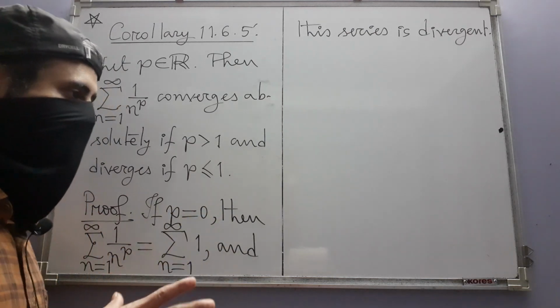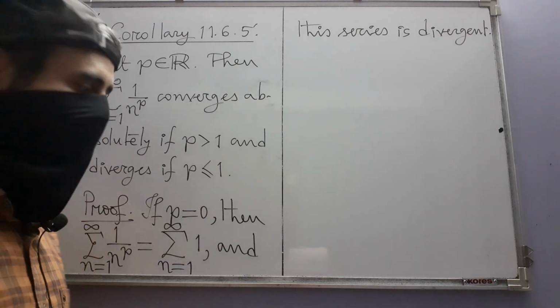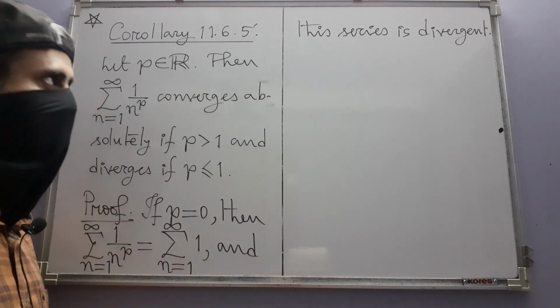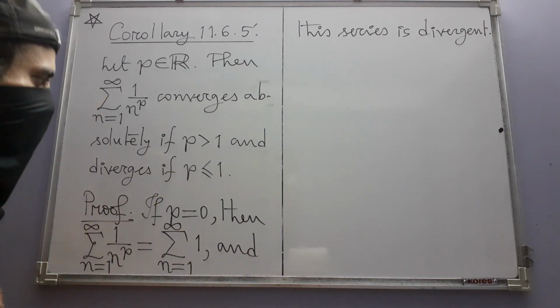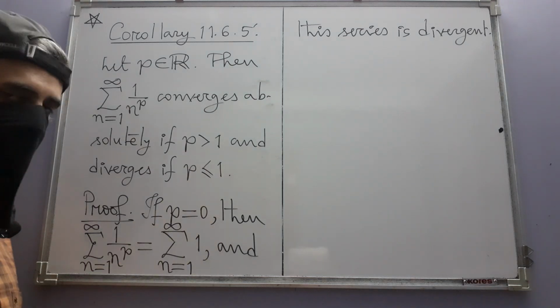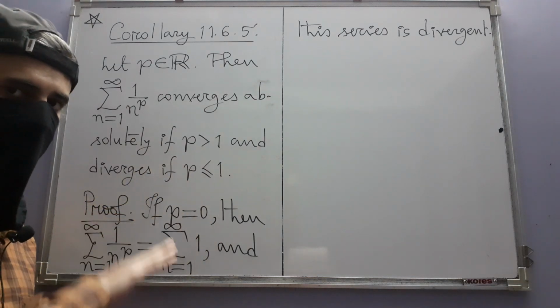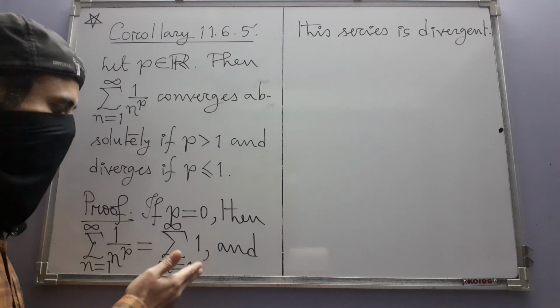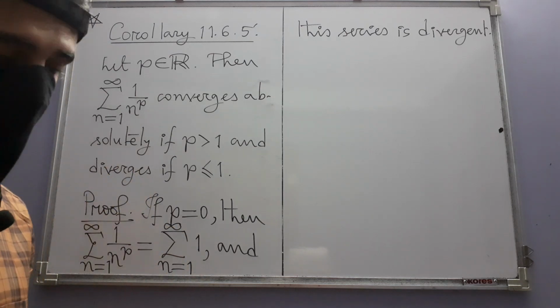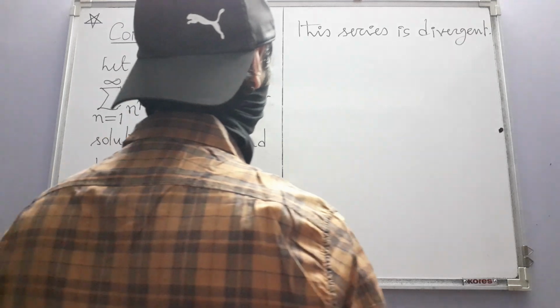And any convergent sequence is necessarily bounded. So that sequence is not convergent, so by definition this series is divergent. And that comes under this condition, p equal to 0. So the claim is matching here. If p is 0, then the series really is divergent.